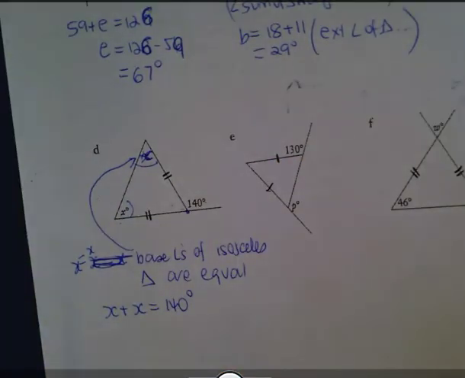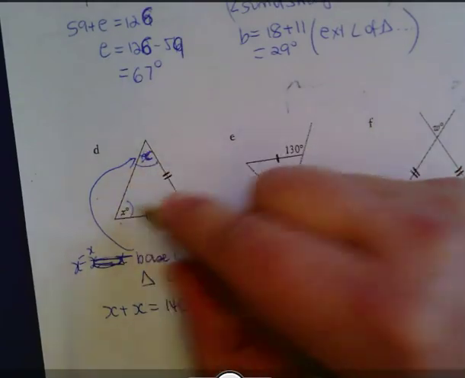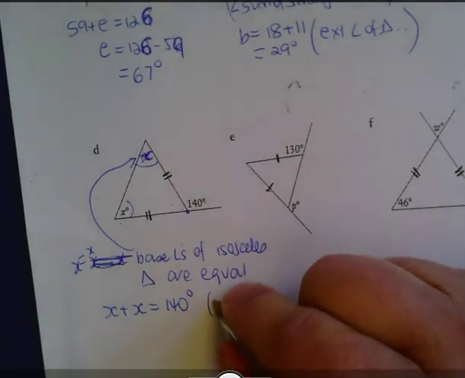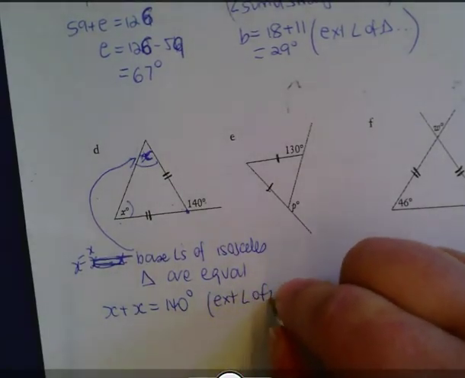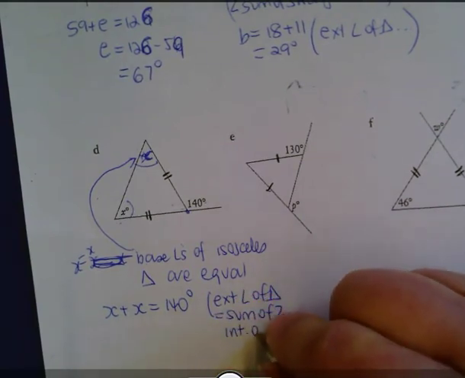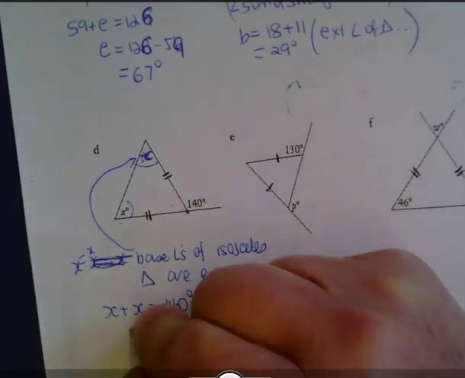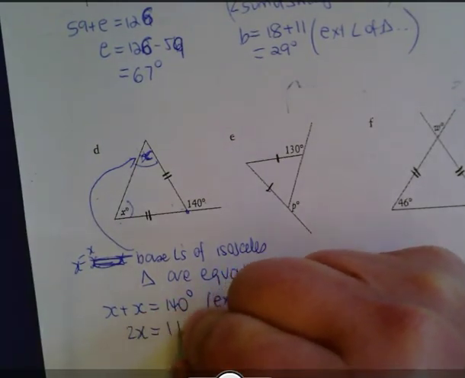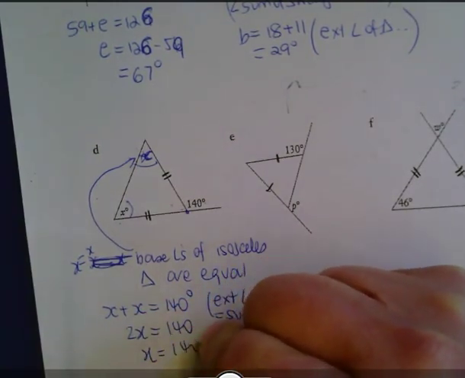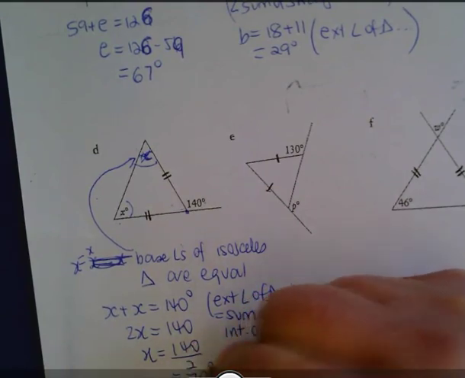Now I use the exterior angle of triangle theorem: exterior angle of triangle equals sum of the two interior opposite angles. So therefore 2x is 140, so x is 140 divided by 2, which is 70.